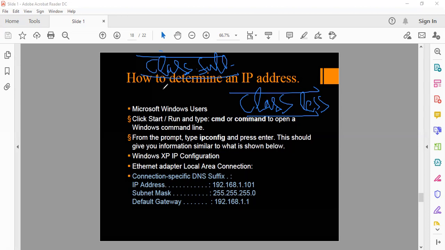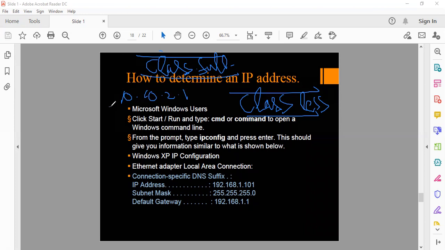You said well. In classful IP addressing, suppose you assign a network like 192.168, or let's use another class, 10.10.2.1.